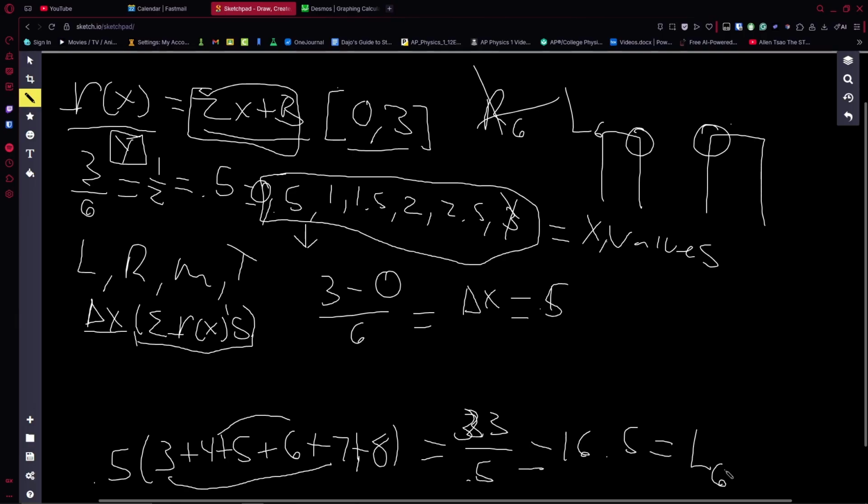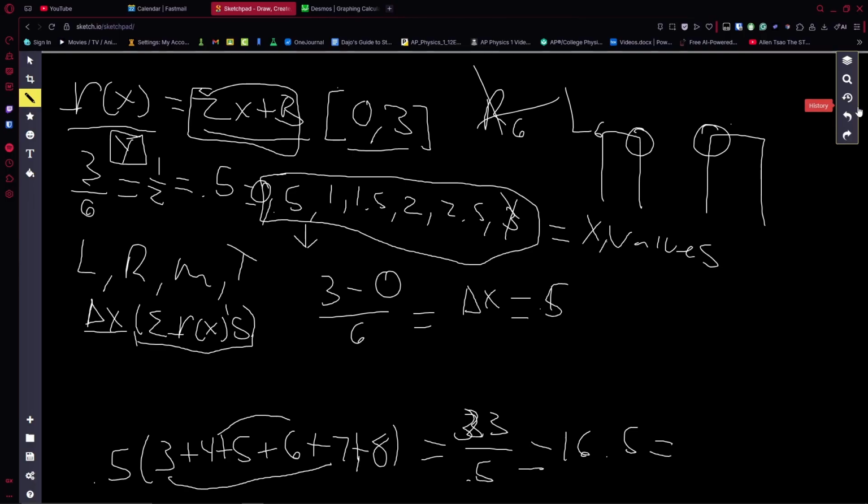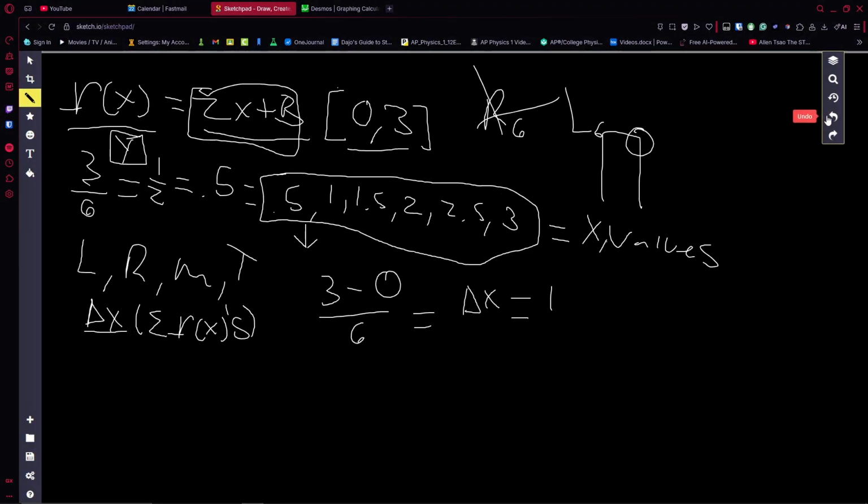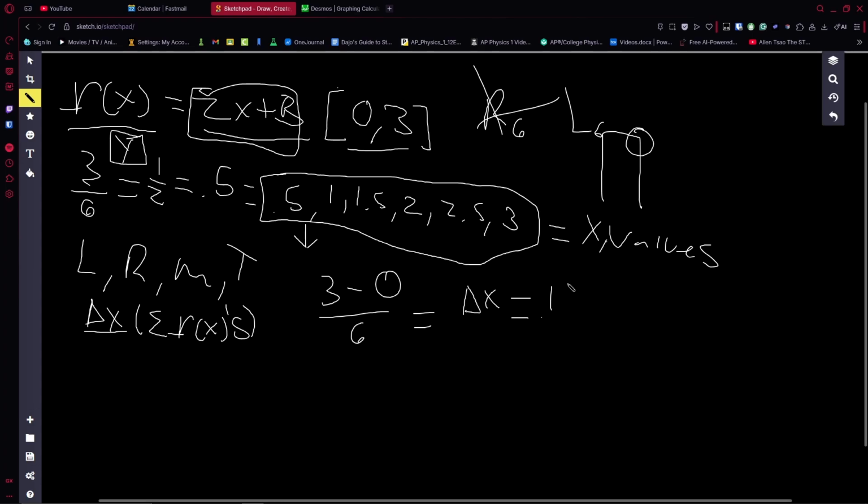Now, you can do the same thing for the middle. Now, keep in mind, though, it's going to be kind of different, right? So let's go back. For the middle, it's the same equation once more, of course, but since the point is in the middle, we're going to have to figure out what the midpoints are.